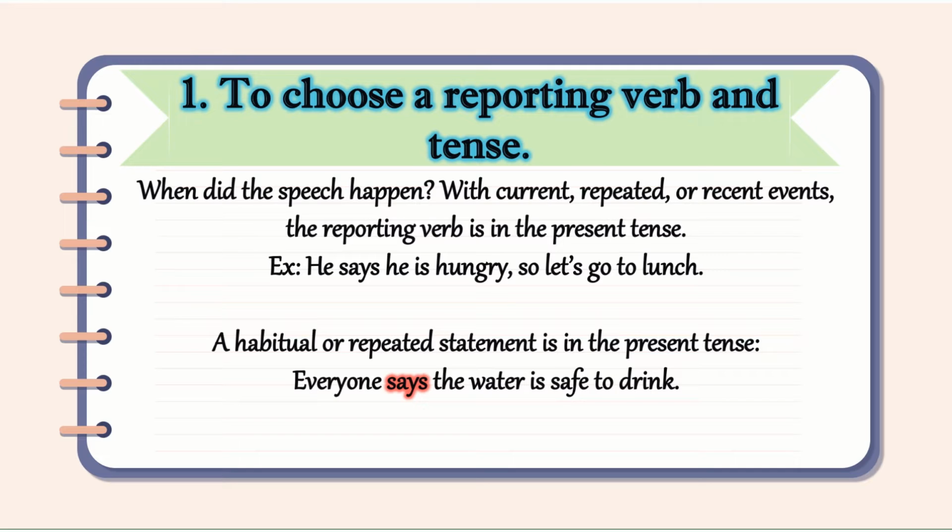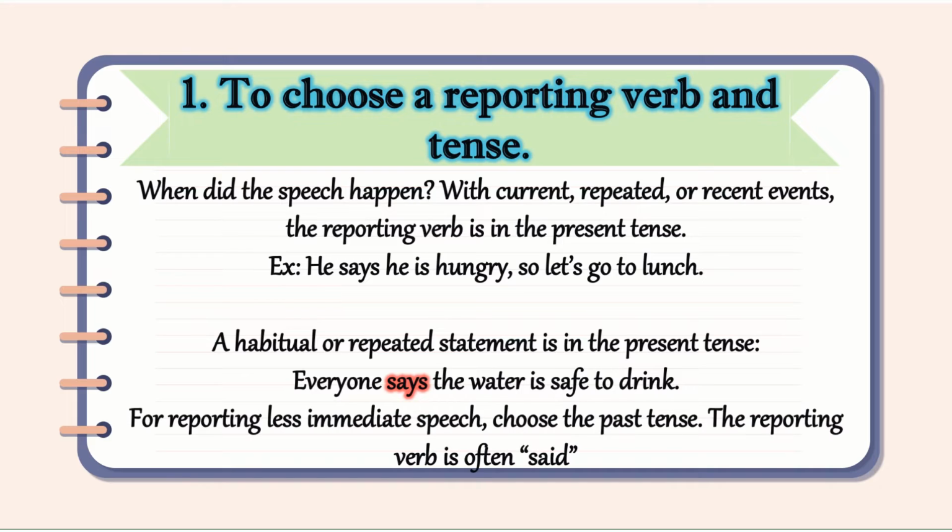Everyone says the water is safe to drink. For reporting less immediate speech, choose the past tense. The reporting verb is often said, the past of say. But it can also be told or other verbs like ordered, stated, or reported, depending on the situation. When reporting questions, you can use verbs like asked or requested.